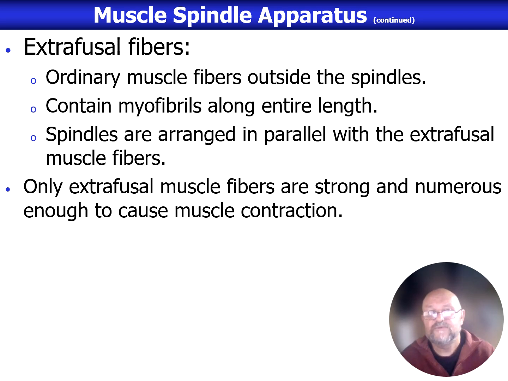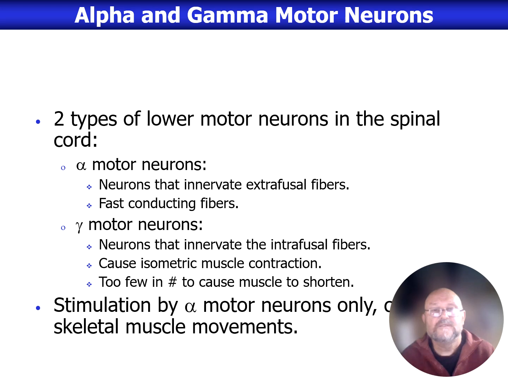So those extrafusal fibers, remember, are our ordinary muscle fibers. They are not part of the spindles, they just cause our muscle to shorten. So we have two types of motor neurons attaching to our muscles. We have the alpha motor neurons, which are doing the job of stimulating our normal extrafusal muscle fibers to contract.